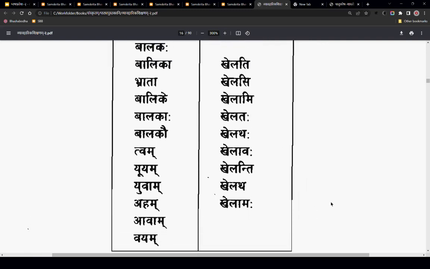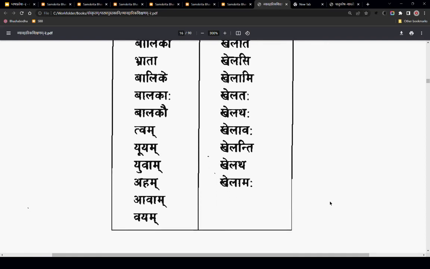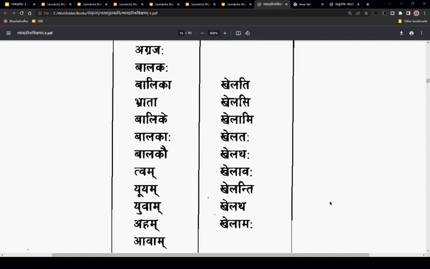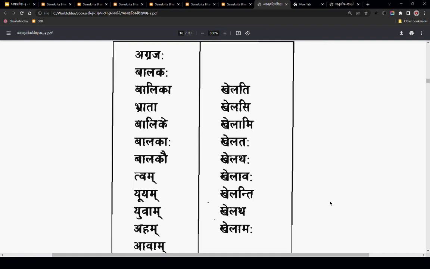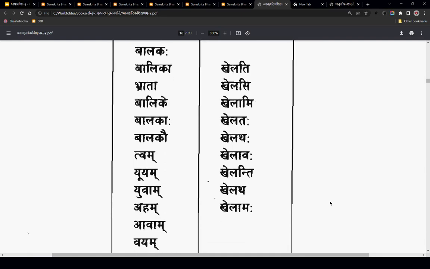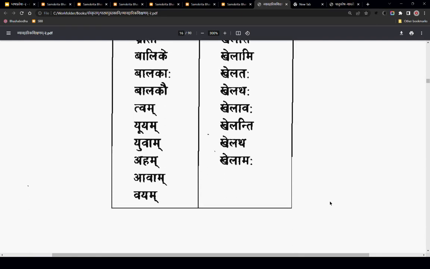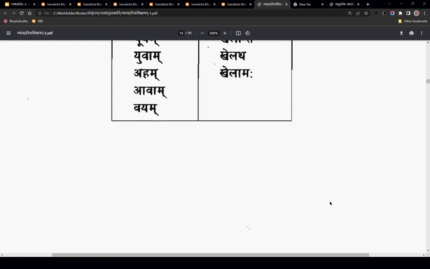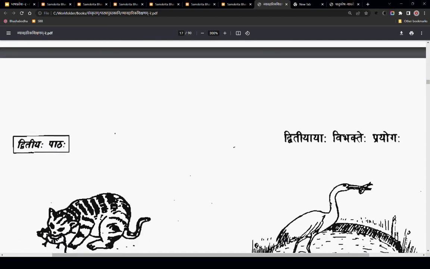Tvam khelam khelasi, khelam khelasi itina, khelasi only. Okay, so kandukena khelasi. Kandukena khelasi. Because these khelasi, kridasi, these are akarmaka. They are intransitive.